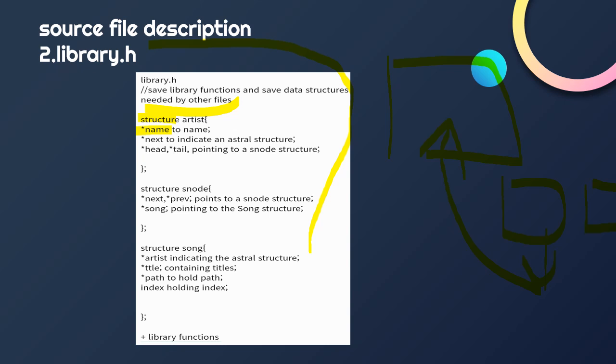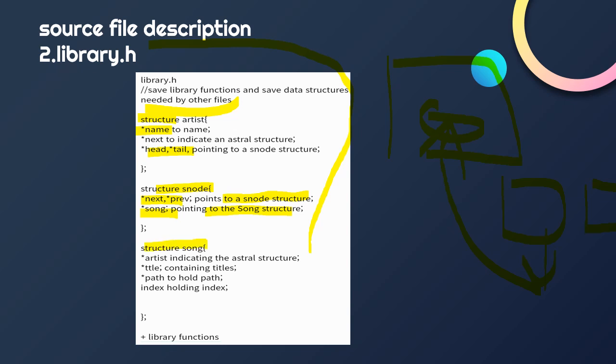So the artist structure has name and next to indicate the next artist structure, and head and tail pointing to an snode structure. A structure snode. Next and previous point to a node structure. Song points to the song structure.